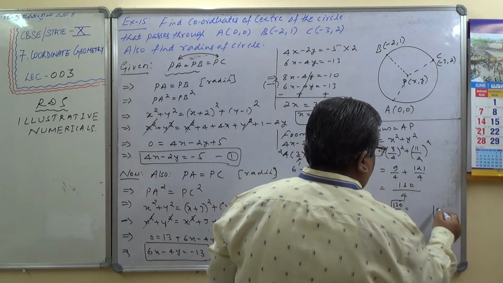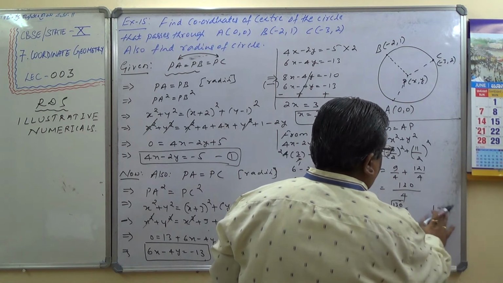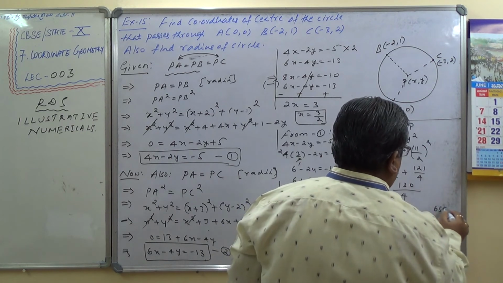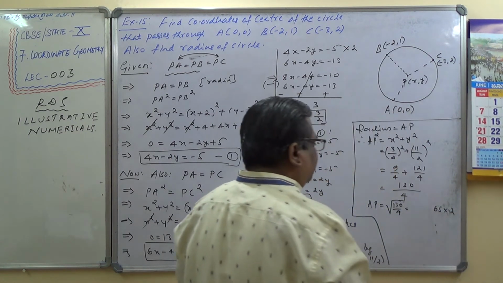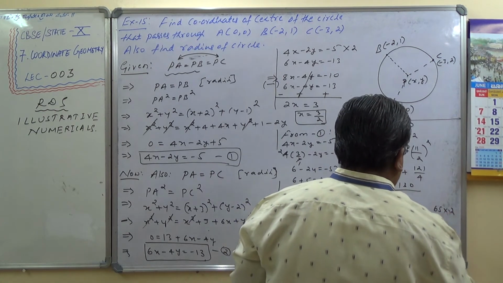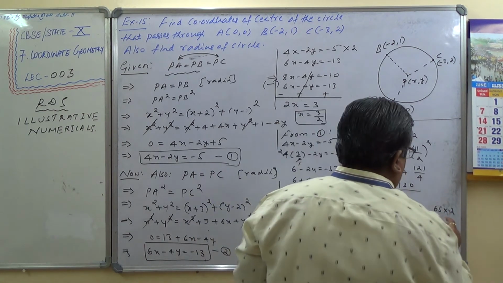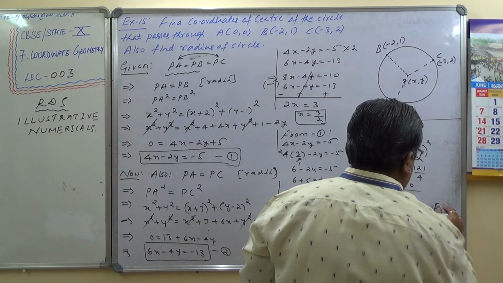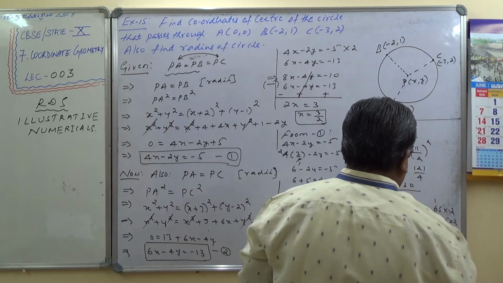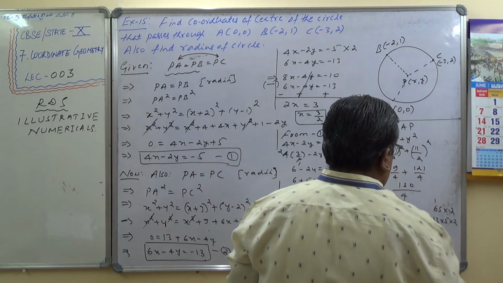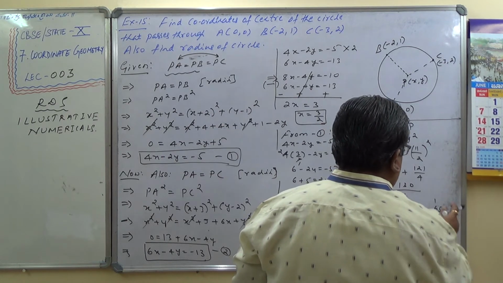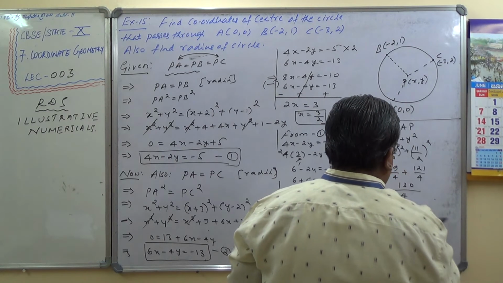Doing a small rough work, how do you write 130? 65 into 2. 65 can be written as 5 ones are 5, 5 threes are 15, 13 into 5 into 2, that is 13 into 10, 130. I think we can keep it at this stage.